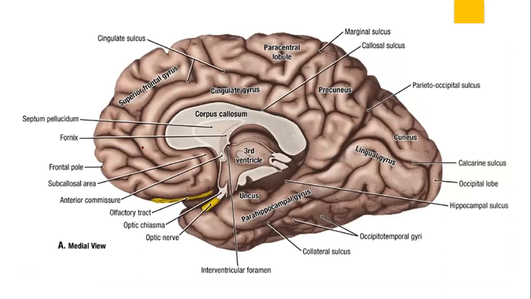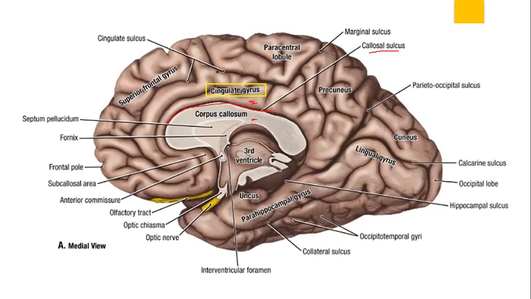The first thing that I want you to identify is basically the cingulate gyrus. But before I go there, I want to tell you that this line is basically known as the callosal sulcus. It's a groove between a gyrus here and the corpus callosum, which is responsible to connect both the cerebral hemispheres.